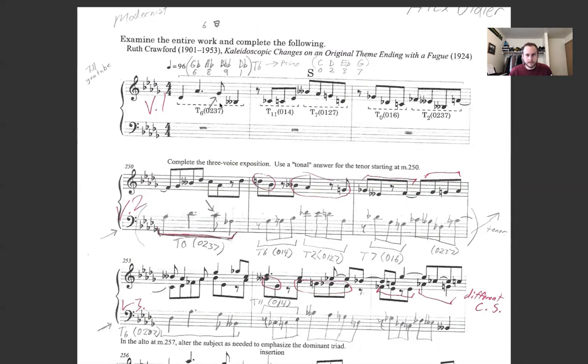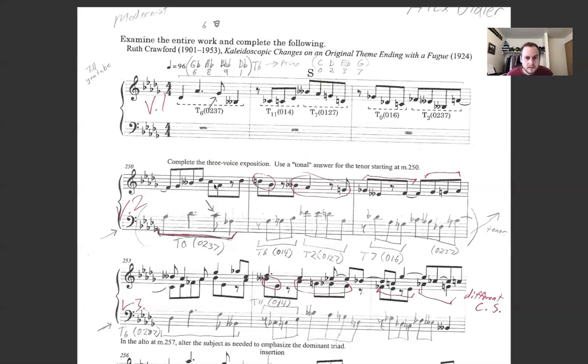That's how you would determine what transposition it is. Here in the second voice, the second subject comes in on the same note that defines the transposition, G flat. So our C natural is 0. This would be T0, the same exact prime form, just transposed by 6. It's on the other side of the spectrum.